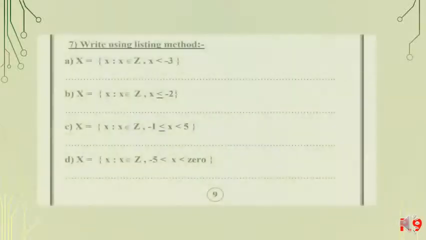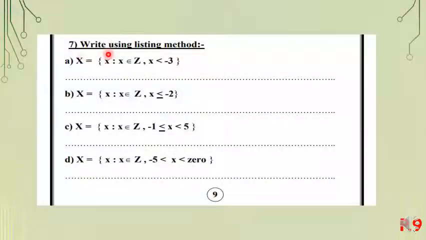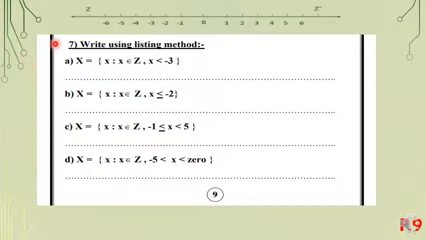Page 9, number 7. Write using listing method. Letter A, x equal x such that x belongs to z and this x is less than negative 3. So here's my number line. X less than negative 3. Here is negative 3. What are the integers which are less than negative 3?